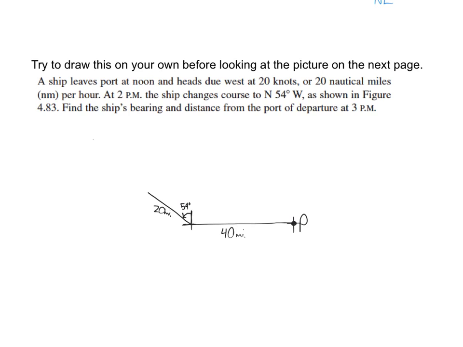Now, what we are trying to find in total is this distance, and also the bearing. We want to get this angle. We know it's going to be north something west, right? So it's north something degrees west.